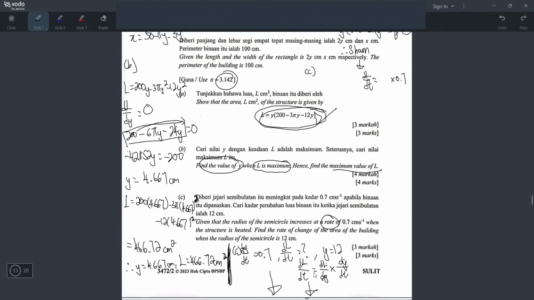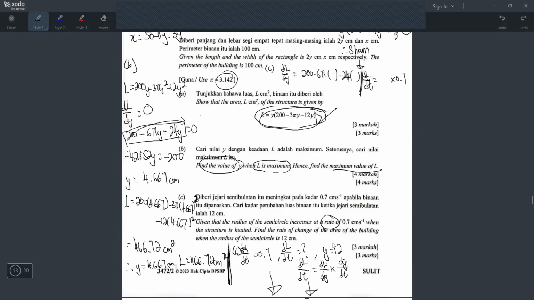So what do I have to find now? I have to find the dL dy, right? But I already know my dL dy. My dL dy is 200 minus 6 pi y minus 24y, right? But the y, I have to substitute with what?